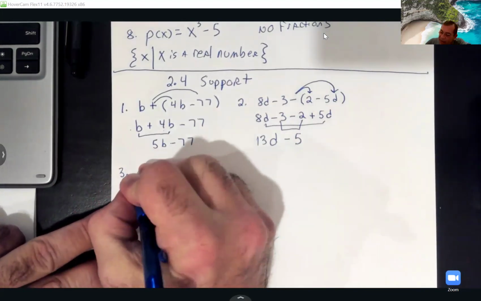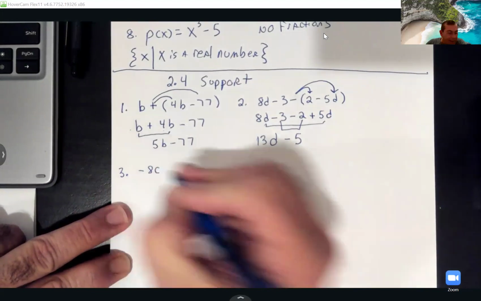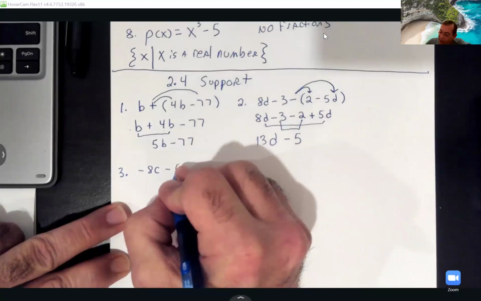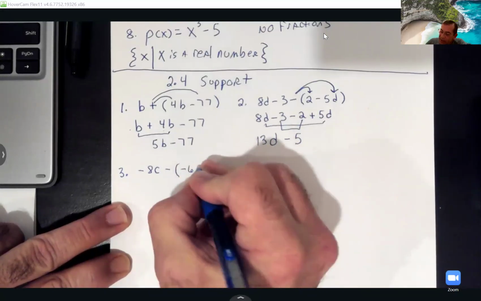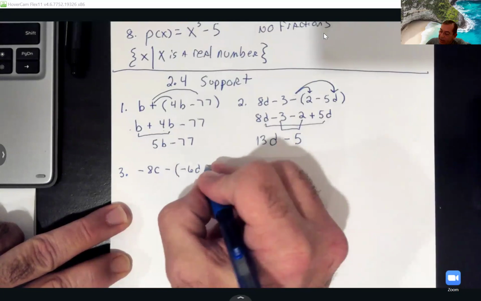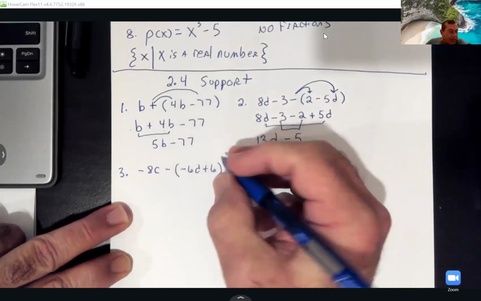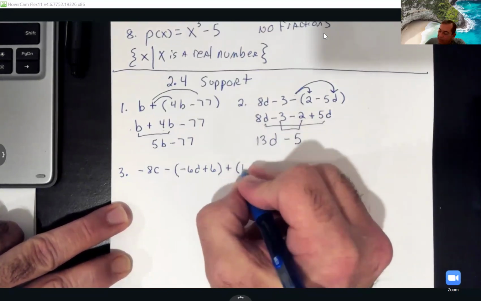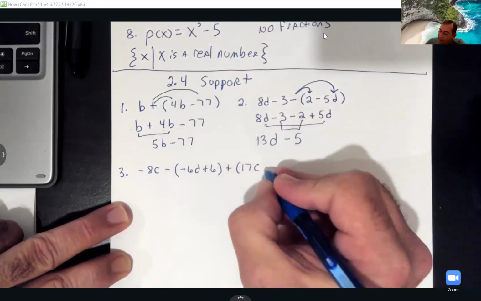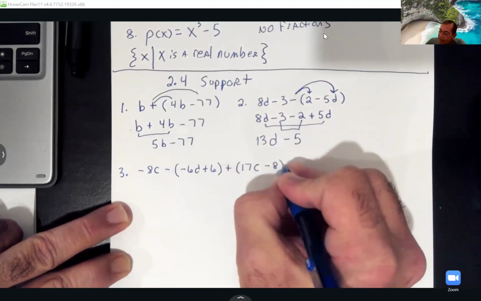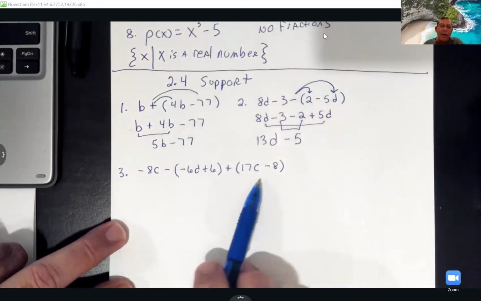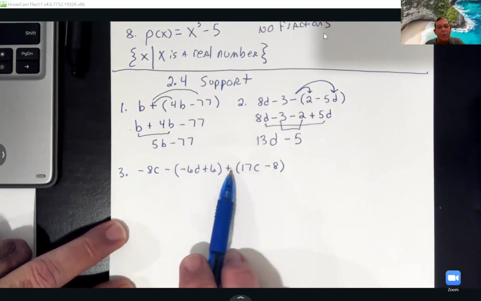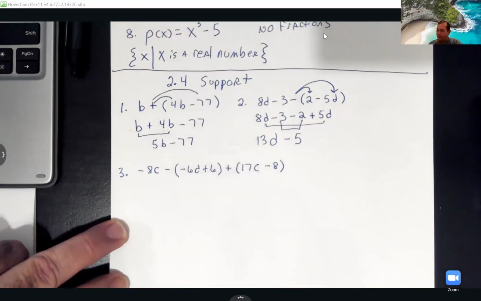All right, watch this one. -8c minus parentheses -6d plus 6, and then plus parentheses 17c minus 8. So they broke out two sets of parentheses. One's following a negative, one's following a positive.